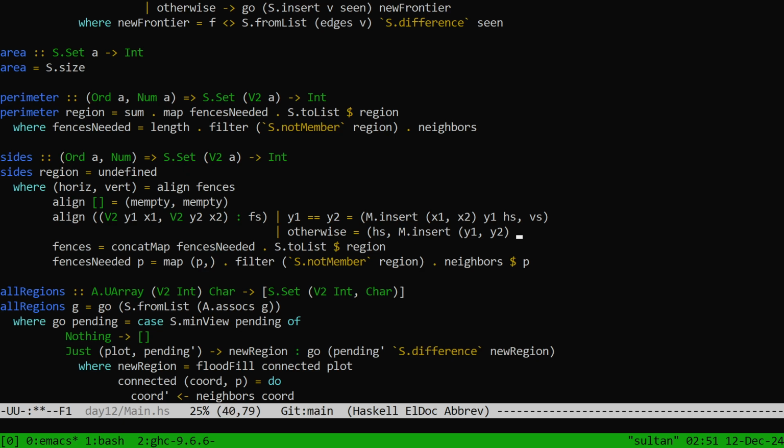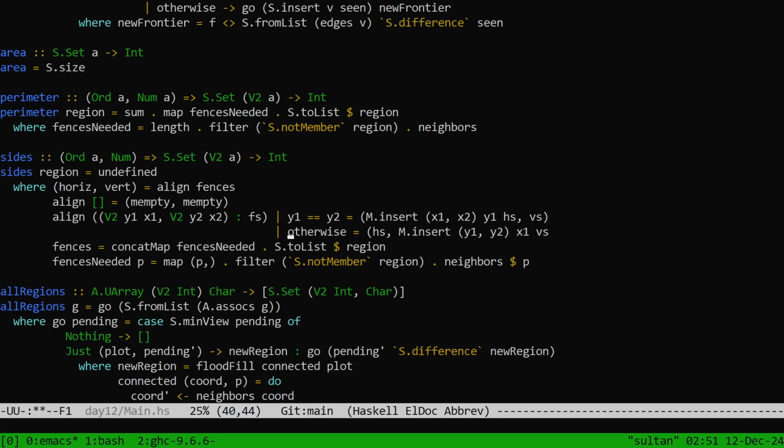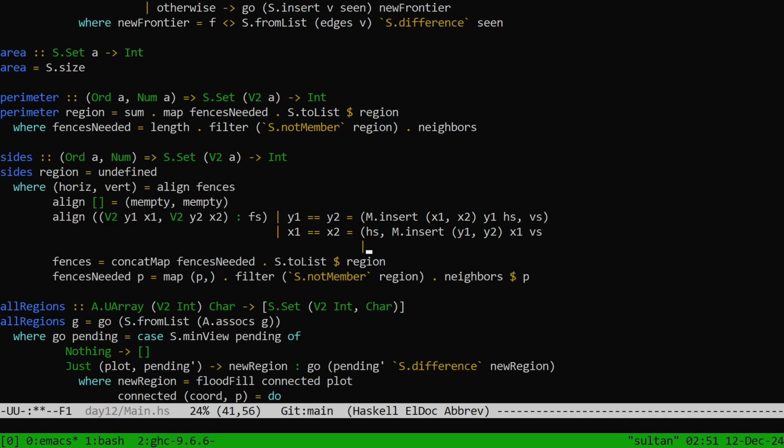Oh, I need, oh yeah, that's right. X1 v's. And actually, we should be a little more careful here. Don't write otherwise. Instead, write x1 equals x2. Close this. Otherwise equals error of show, I don't know.